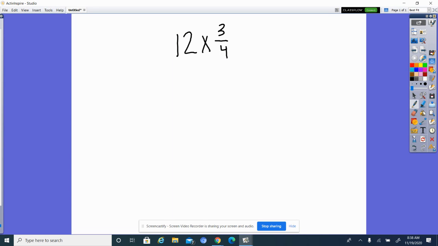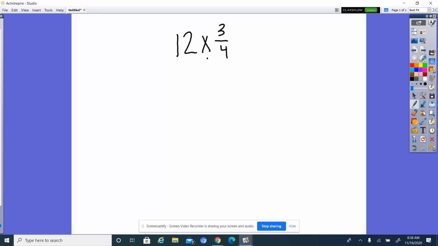Okay, so what did we do yesterday? How did we model 12 times 3/4? Yeah, we did it with arrays, right? And we can say this is 3/4. What word do we use here? 12. Okay? So we need to have an array that has a total of what? 12.